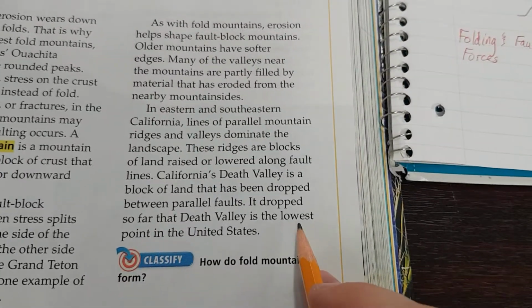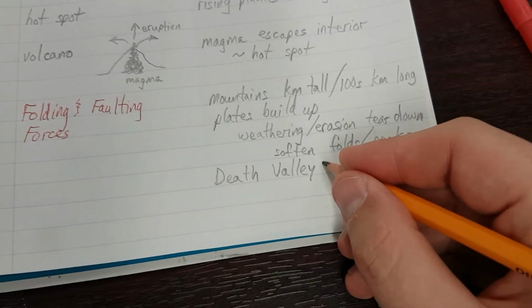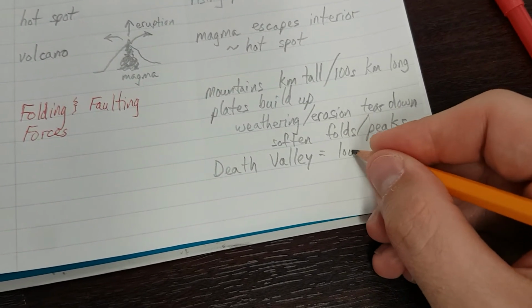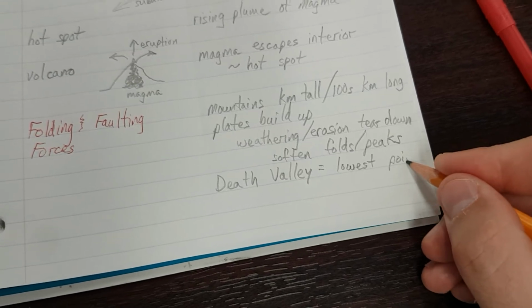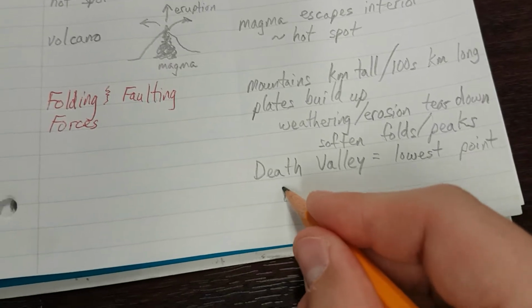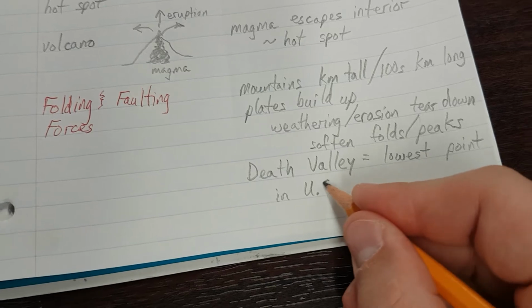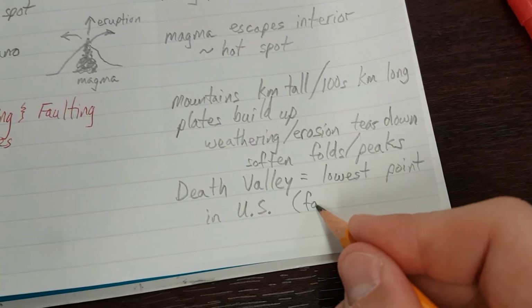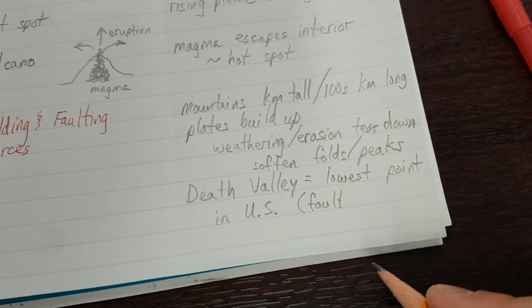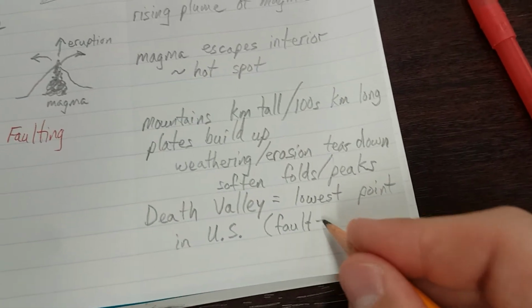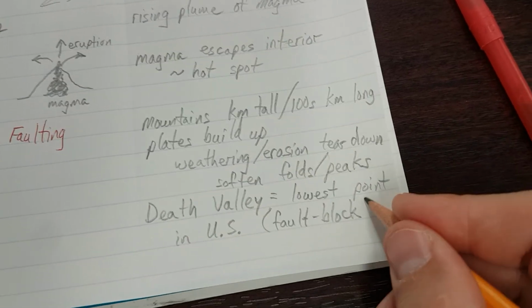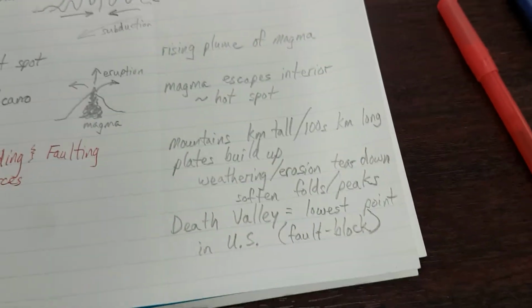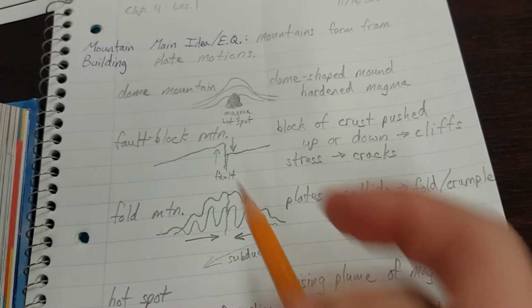Lowest point equals lowest, L-O-W-E-S-T, point, P-O-I-N-T, indent in, capital U period, capital S period. And that is because it was a fault, F-A-U-L-T, dash block, B-L-O-C-K. And if it's the lowest point, then it obviously had to drop, like that.